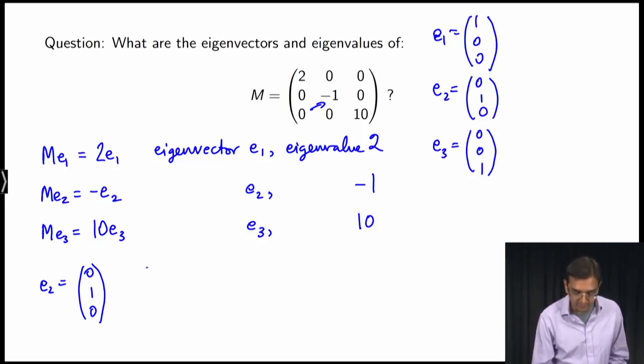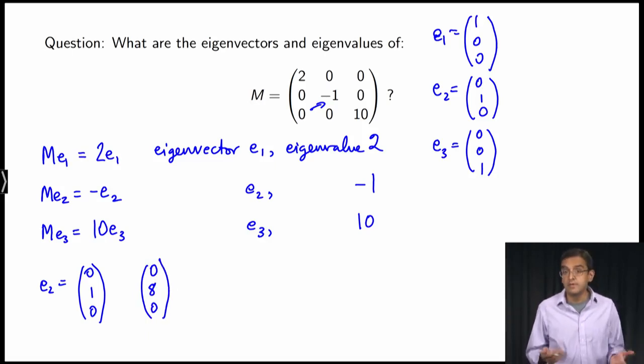For example, if we take some multiple of it, like 0, 8, 0, that's also an eigenvector because M times that is minus 1 times that. So any multiple of E2 is also an eigenvector with the same eigenvalue, minus 1. For this reason, what we often do is to normalize eigenvectors to unit length, just like E1, E2, and E3.